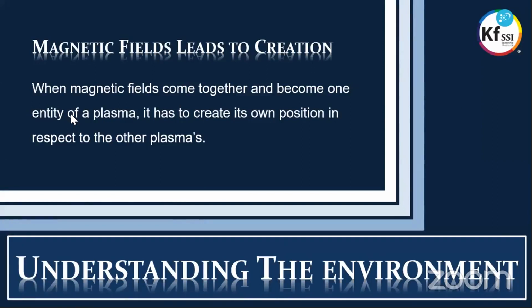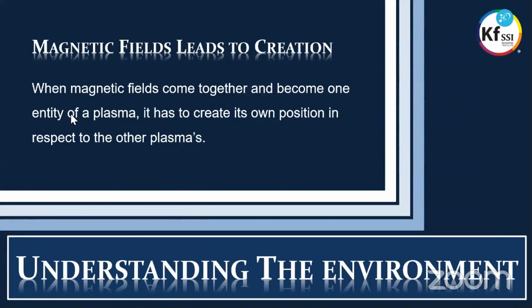Okay, so understanding the environment. We know that the magnetic fields lead to creation. And when we read the sentence, when magnetic fields come together and become one entity of a plasma, it has to create its own position in respect to the other plasmas. So when you break that sentence down, the plasma is formed from the magnetic fields and creates its own entity.